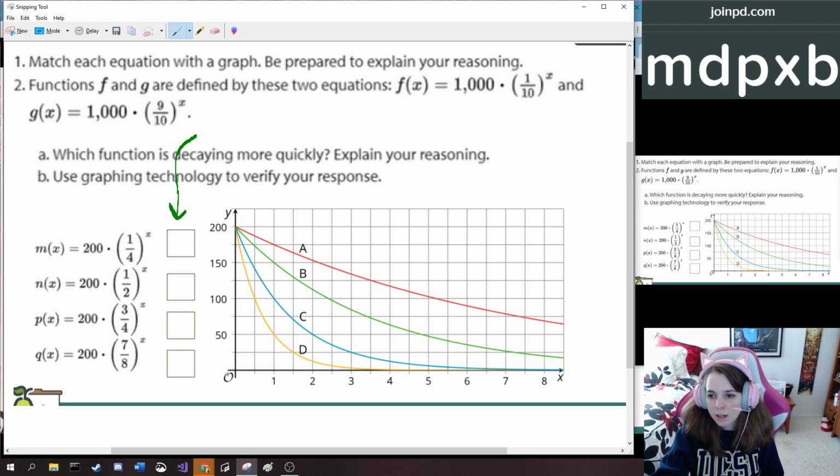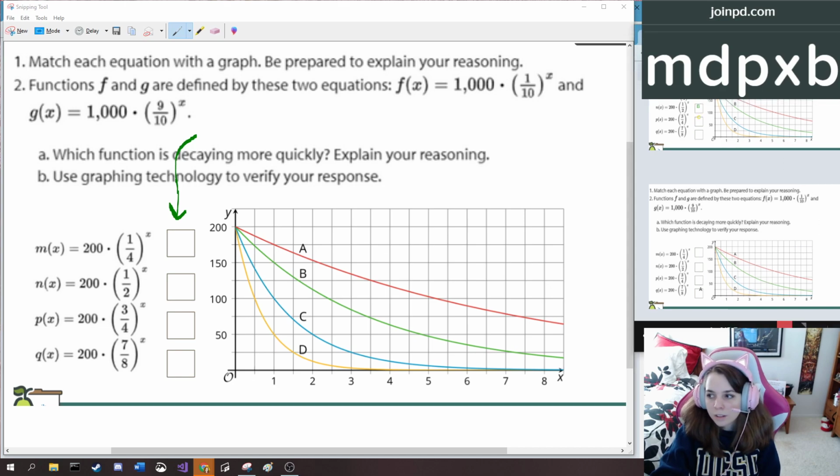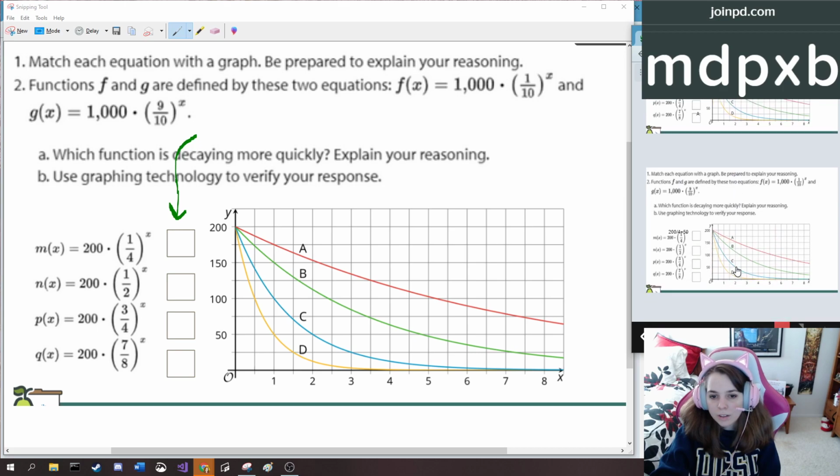You should be able to make your drawing smaller. So let's see this here. Interesting.